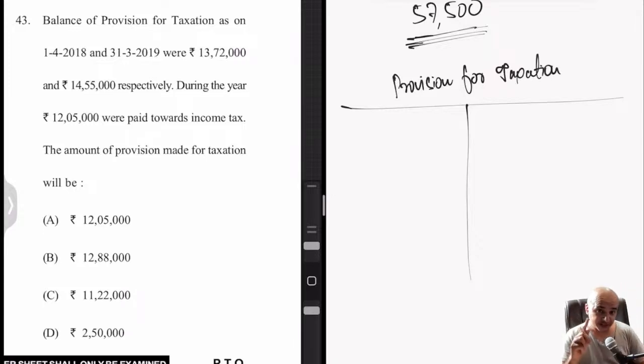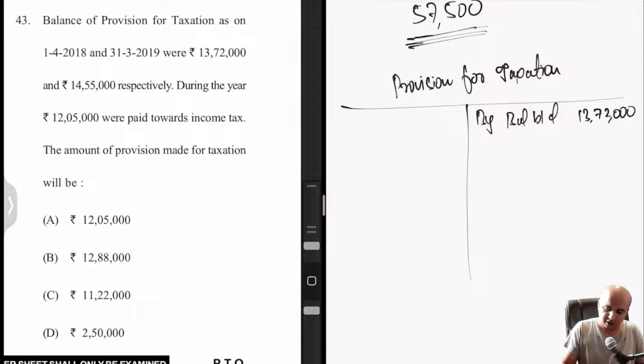So provision for taxation, by the way, is what? A liability. Okay, and liabilities will always have a credit balance. So bring down the balance first. By balance brought down. How much is the balance? 1/4/2018, 13 lakhs 72,000.